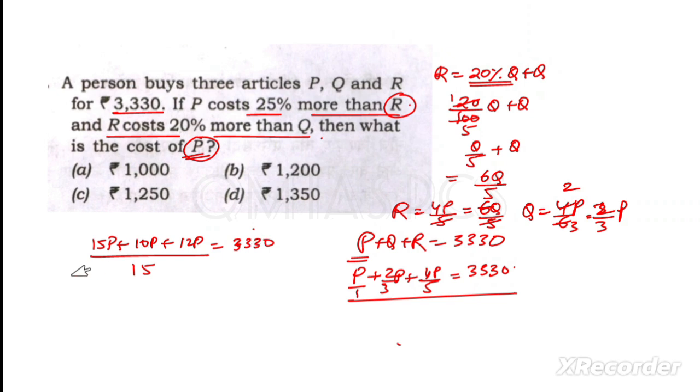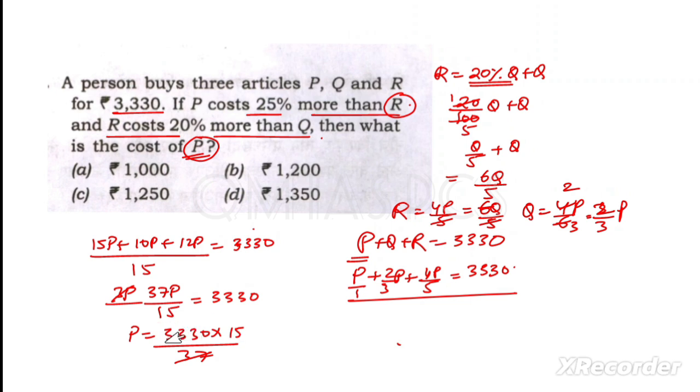When you add all three, this will be 37p by 15 is equal to 3330. So finally p is equal to 3330 multiplied by 15 divided by 37. When you divide this, it will be 90 times 15, that is 1350. So the answer will be D.